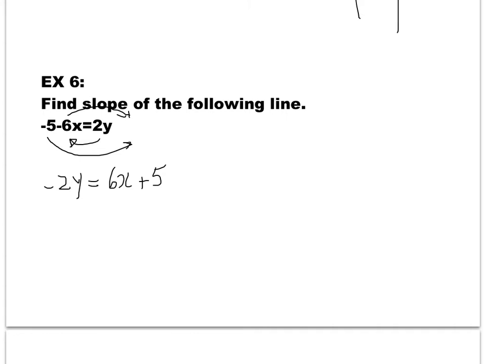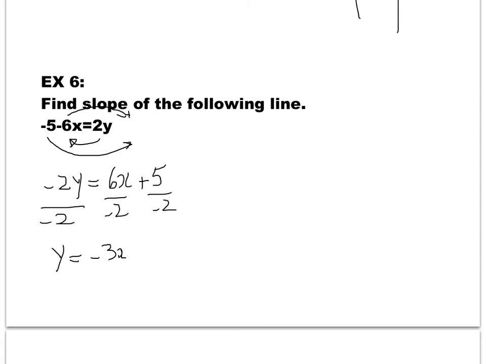Now, what is the problem now? What do you do now to isolate y? Excellent. Divide by -2. To find y, I'm going to divide every term by -2. Now, -2 over -2 gives you 1, so I get y is equal to 6 divided by -2, which gives me -3. And for this one, you can simplify 5 over -2 as -2.5, or just leave it as -5 over 2.